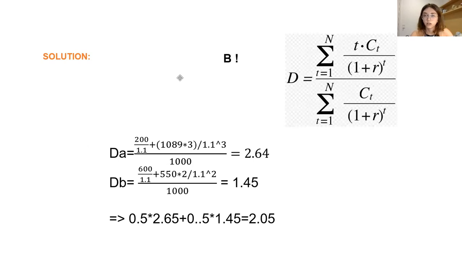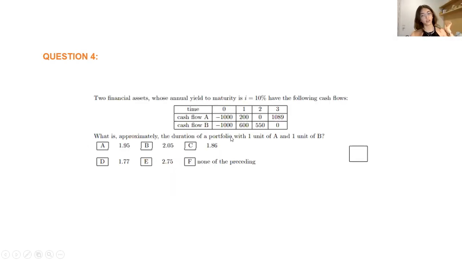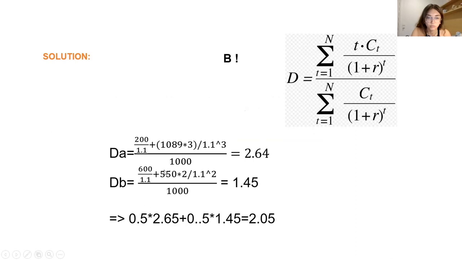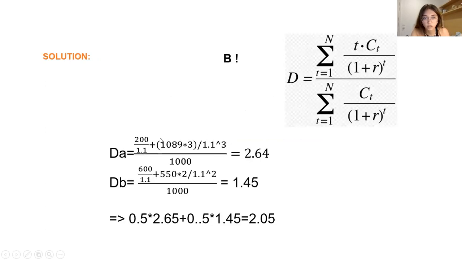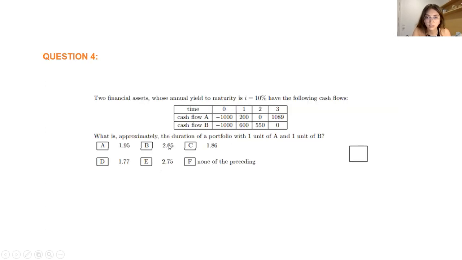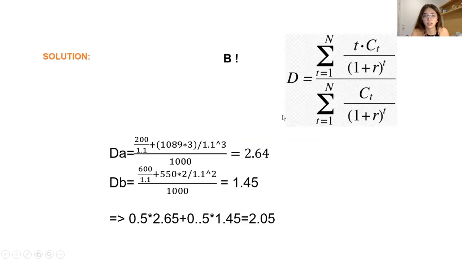So yes, here you have the formula in case you didn't remember the formula for durations. Basically, you take all your cash flows that you discount to the present, but you multiply each by t. For example, for A you had 200 times 1 that you discount, and then at time 3 you had 1089 that you discount and multiply by 3.